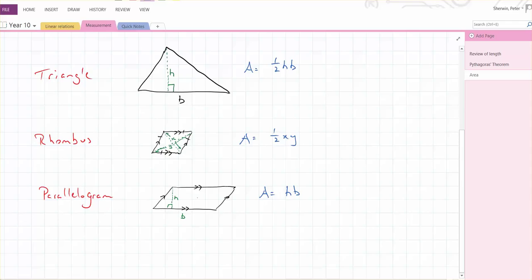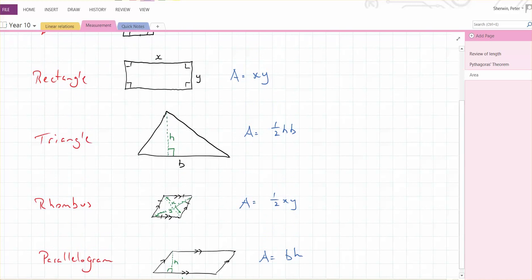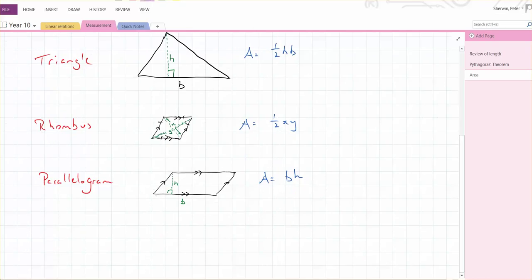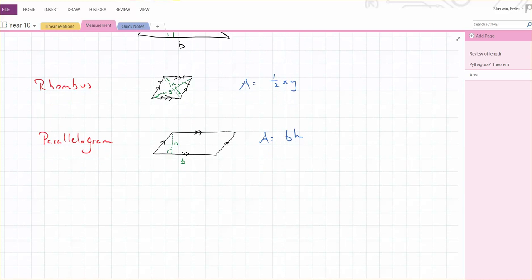Most books will have it the other way around, so I'll change that just to alphabetical order: b times h. If you think about this, it's a rectangle that's been moved along, so that's still height and that's base. So in the rectangle's case, x times y. Here, same idea. That's our width and that's our length. We can multiply the two together. So in a parallelogram's case, we just need that perpendicular height, multiply that by the base.